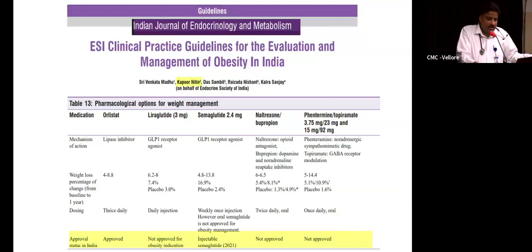With liraglutide, again, 3 to 5 kgs at best in the doses that we have of 1.2 to 1.8. So not really much weight loss happening with the help of these drugs. Again, a point to note here is that liraglutide is a daily injection. This was another of the questions that was there in your pre-test. It's not a weekly injection.